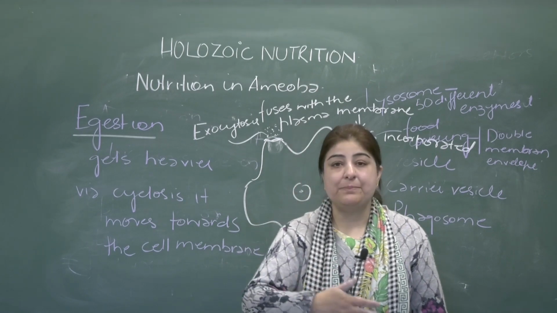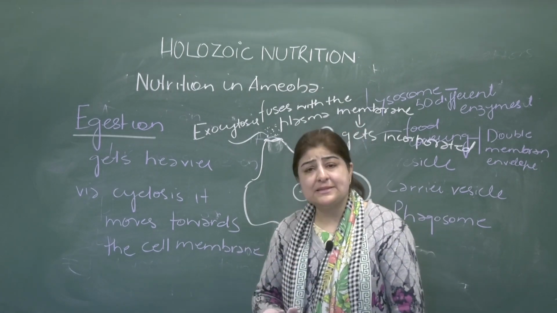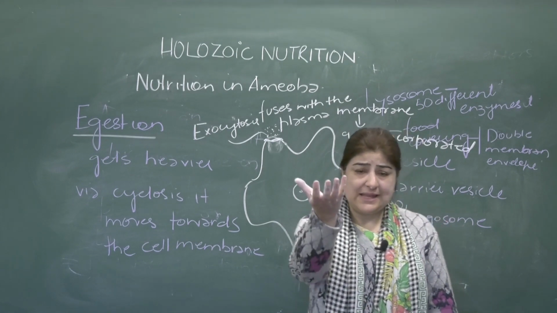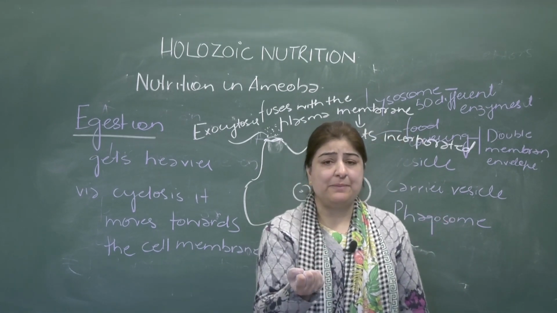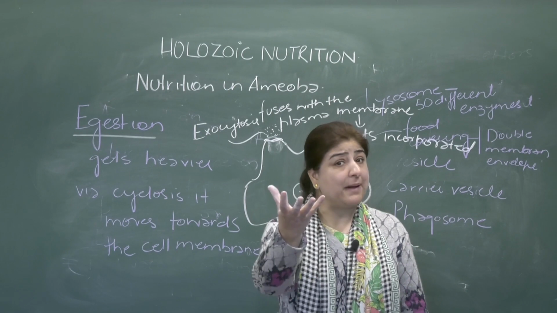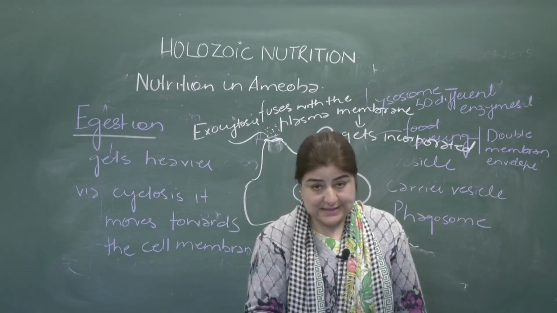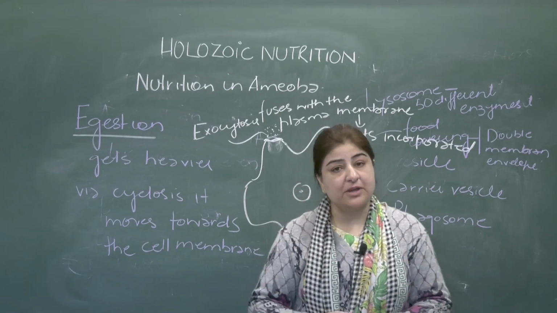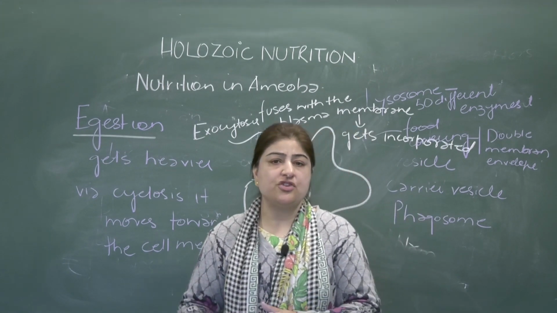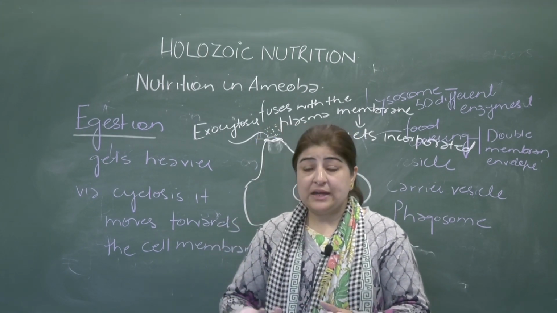Now the second step is digestion. As the food is taken inside the plasma membrane, it is encircled by a part of the plasma membrane itself, resulting in the formation of a structure termed a phagosome.